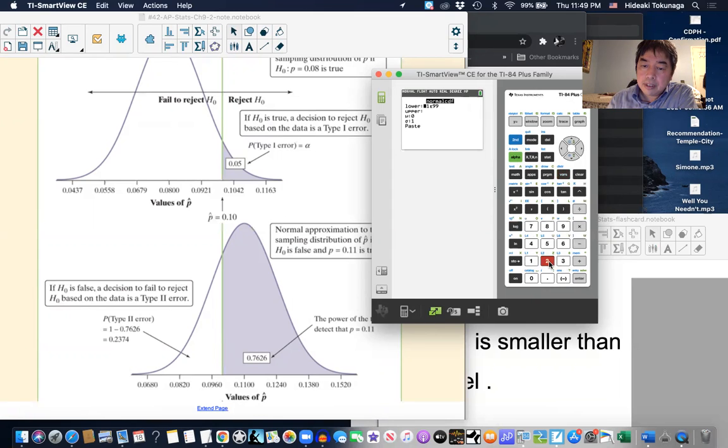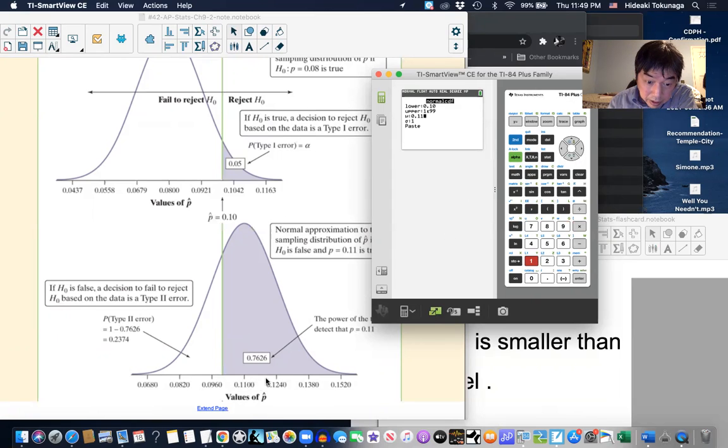The cutoff line starts from 0.10. Upper is infinity, 1E99, and mu is 0.11. Okay, I forgot the standard deviation.